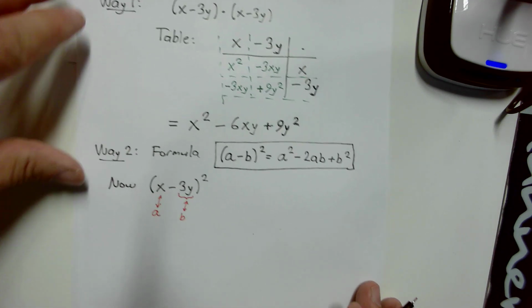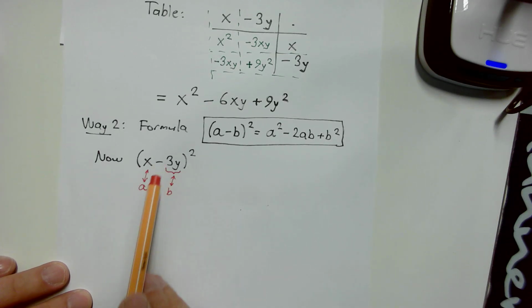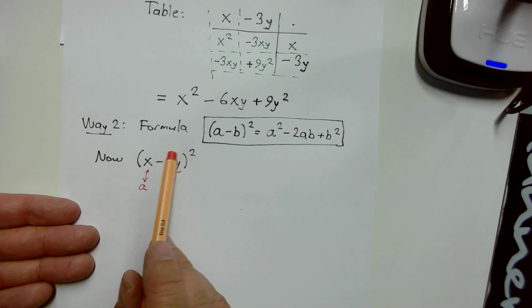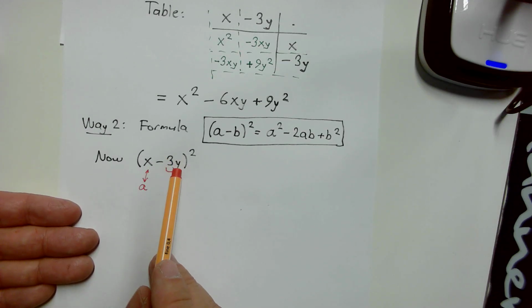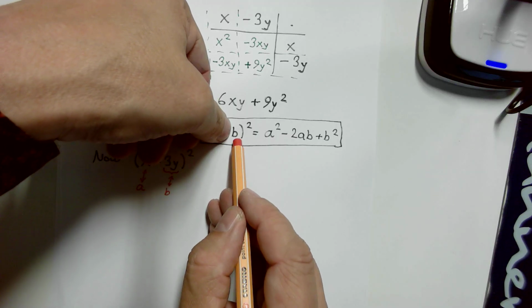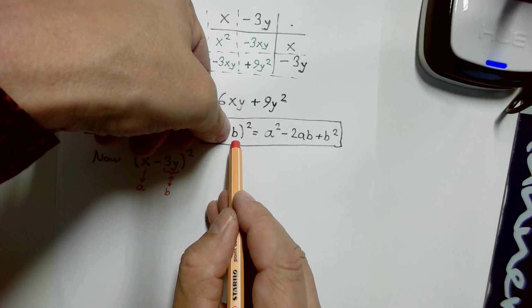Mostly people mistake b as if it were minus b, and calculate it as minus. That is a very usual mistake. This minus is the sign for the 3y, but in this formula b means the number or letter after the minus sign.